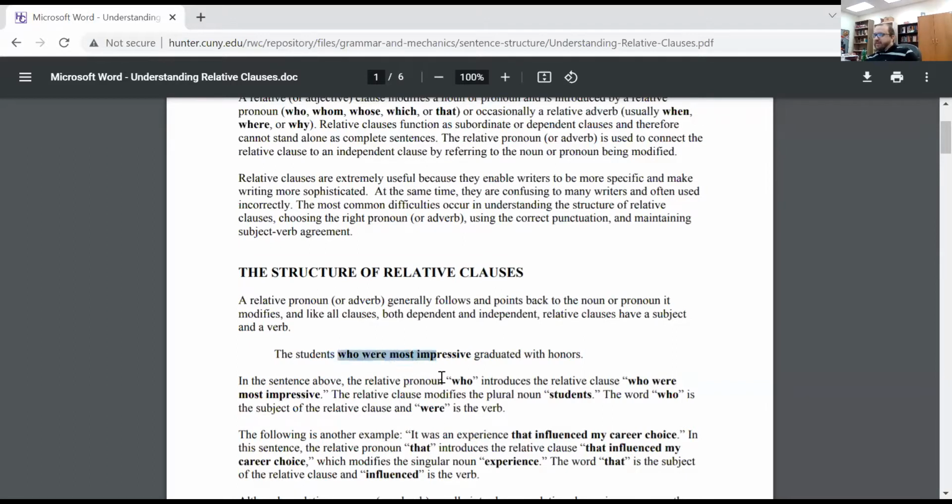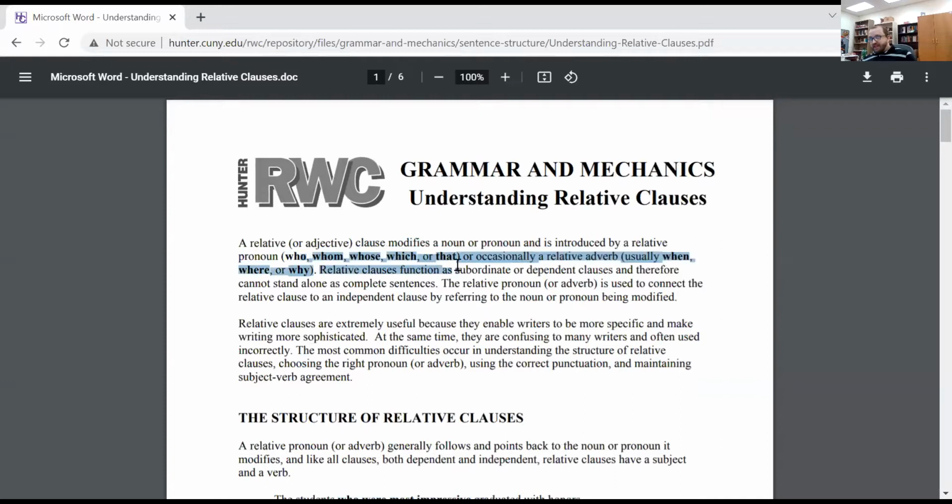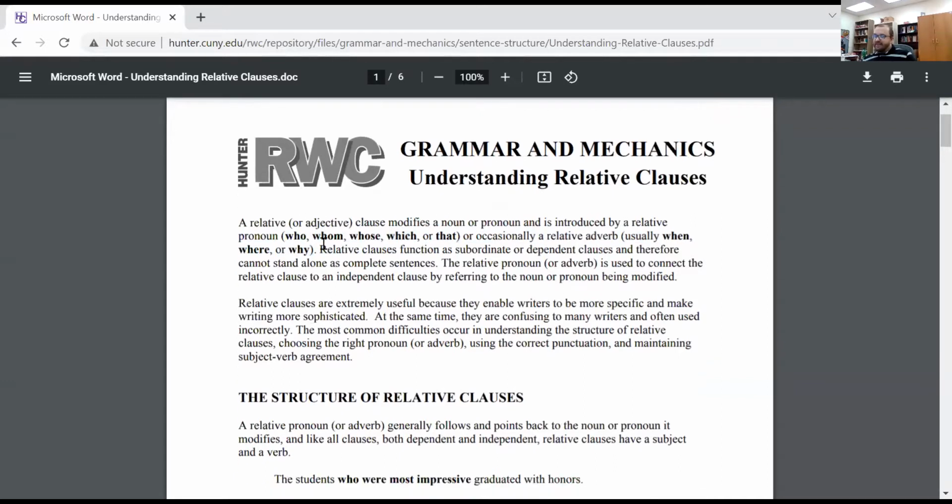Anytime you have a relative clause, it's like additional information that's in the sentence. We use these all the time in our spoken language and in our written language. The key is to know when to use which word, which pronoun correctly, whether you use who, whom, whose, which, or that.